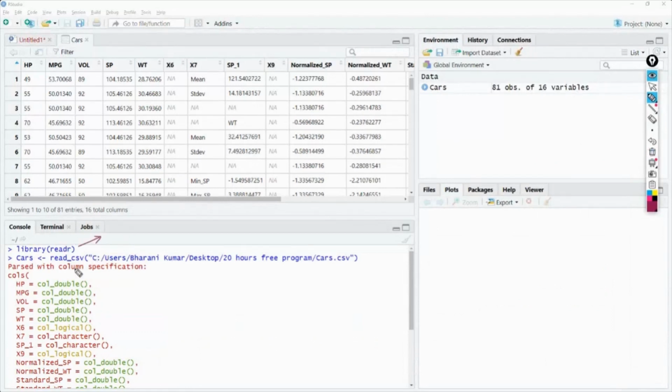The readr library got triggered, and the function read underscore csv, within the double quotes, is given the complete path of the file along with the name and extension. Using the assignment operator, you're assigning it to an object called cars. Cars has 81 rows and 16 columns.